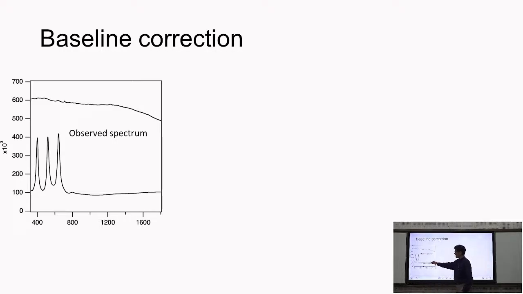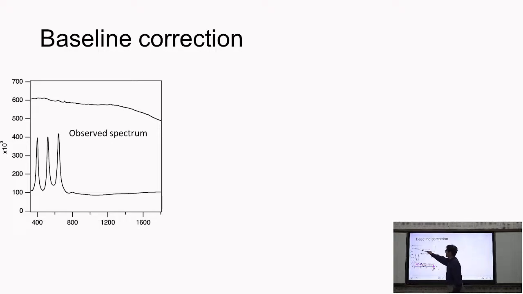And this is the first spectrum. It's clear. There are three peaks. And the zero line is here. So the baseline is not zero. This intensity is given by some feature, so scattering or something.